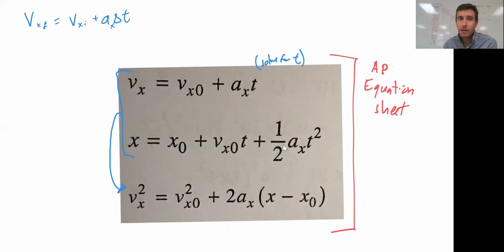Instead of using x sub f, they've just made it v sub x. Instead of using initial, they've used 0, so at the beginning, for 0 instead of initial, and then the ax, and they took out the change of time, right? You can know that there's a change of time there, even though it doesn't have the delta.